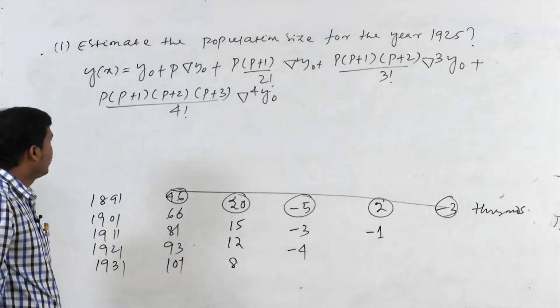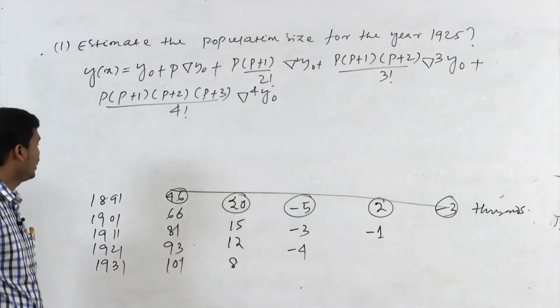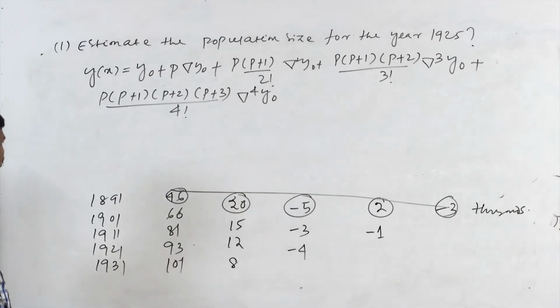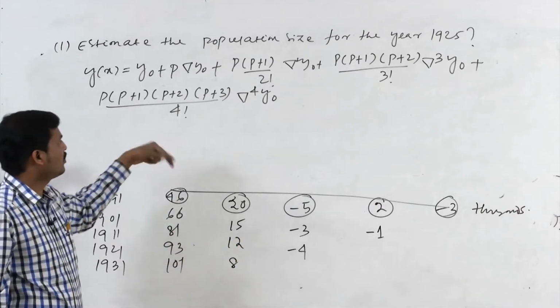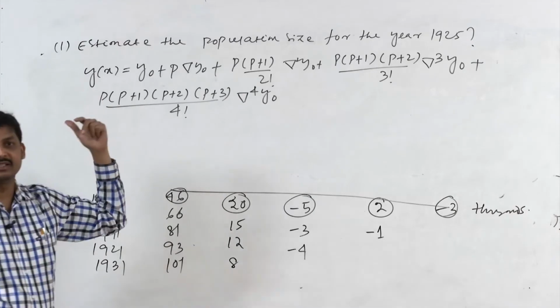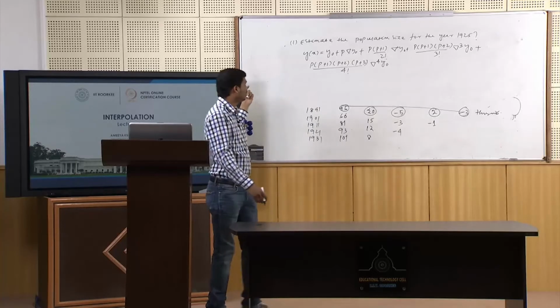Now we first compute p according to the backward difference formula, then use the backward difference tabular values to obtain the population size for the year 1925.